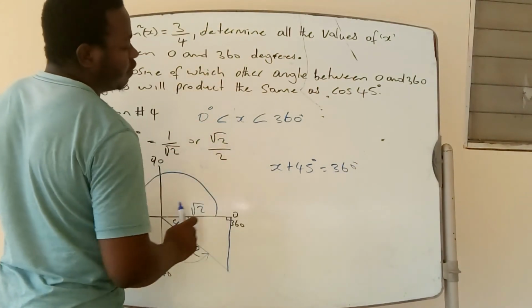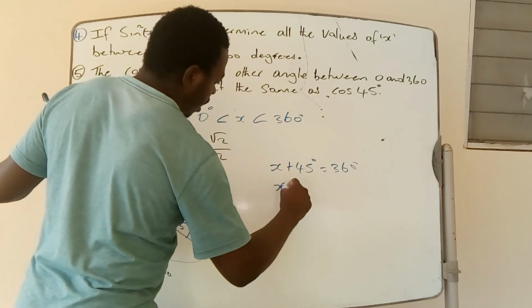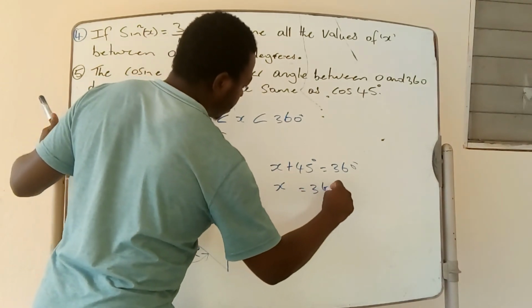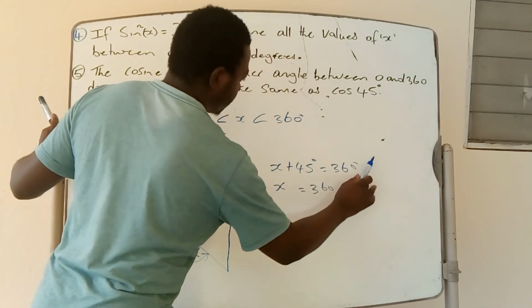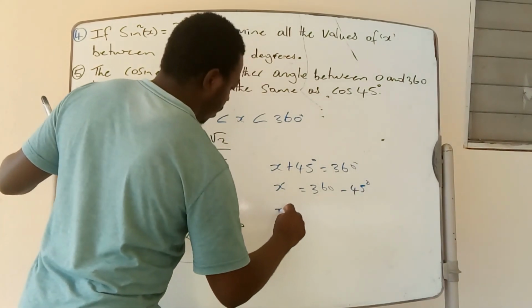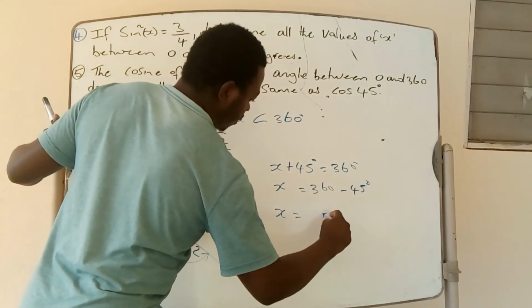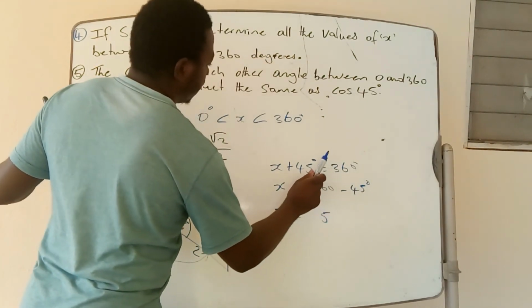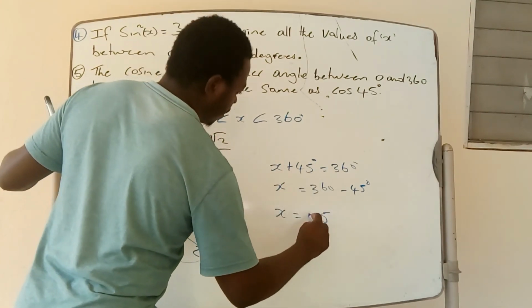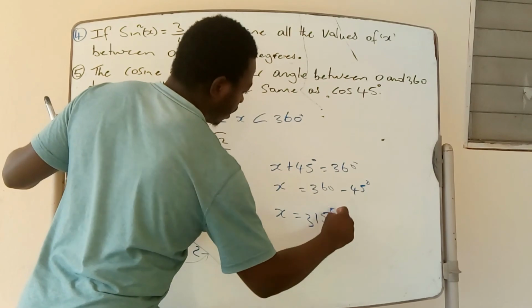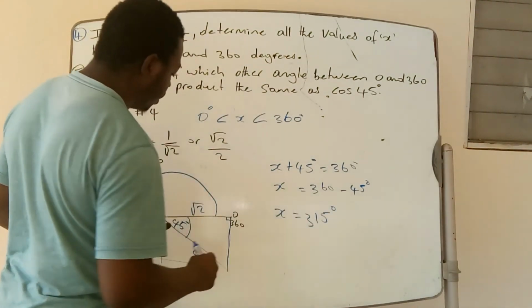We can subtract 45 from both sides. Therefore, x is equal to 360 degrees minus 45 degrees, right? So the angle x is equal to 315 degrees.